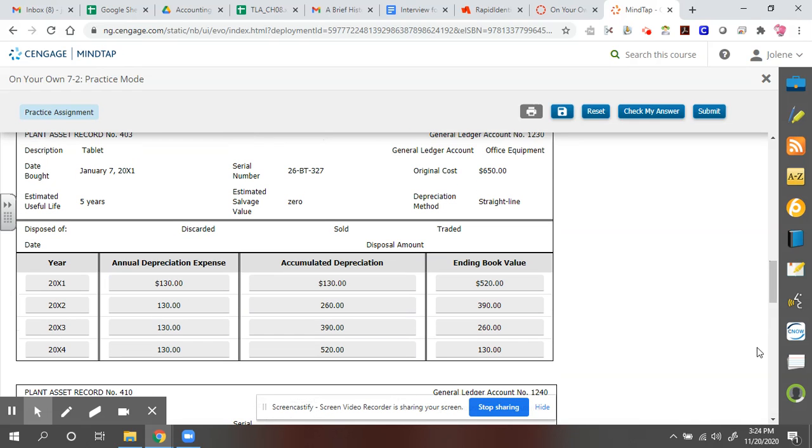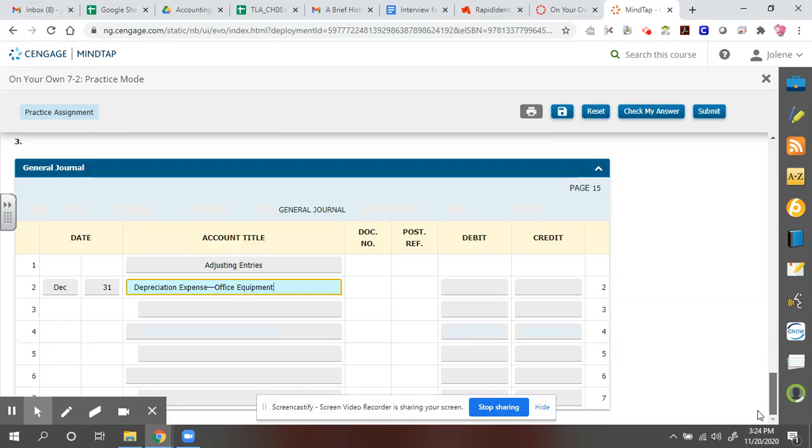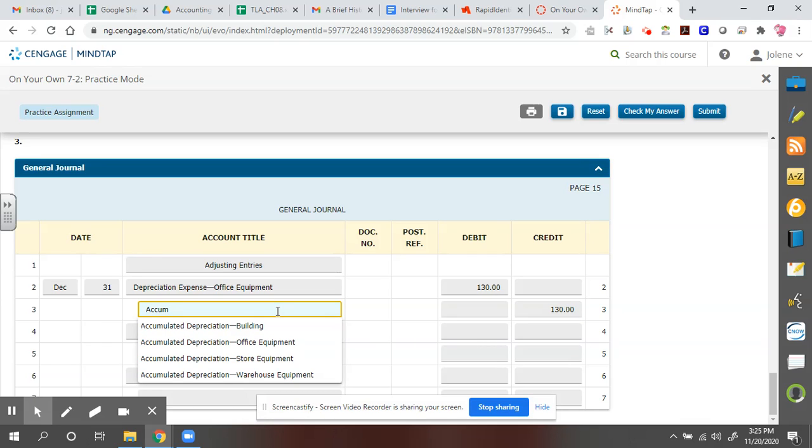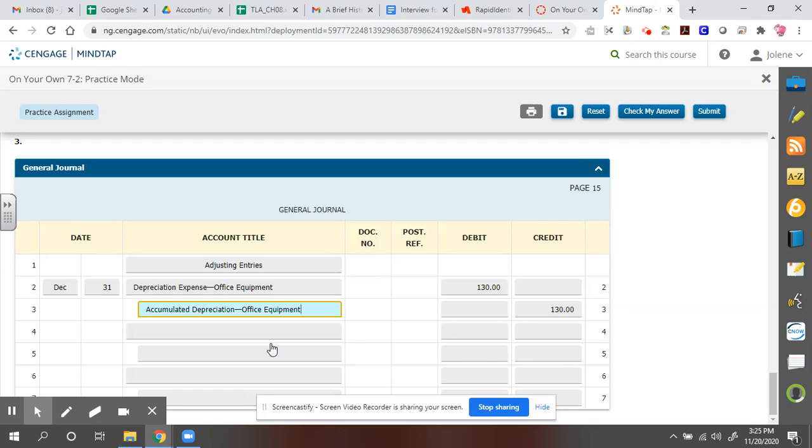Tablet, we wrote off 130. And then this is going to be accumulated depreciation, office equipment. Now this is in your book still, so I'm not making anything up here.